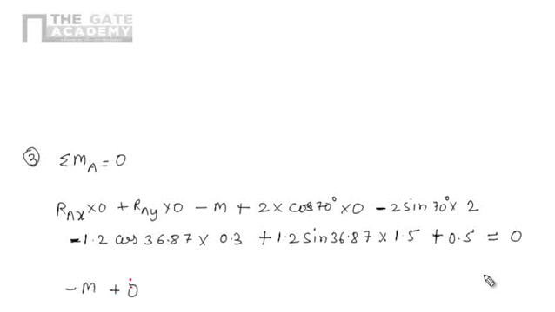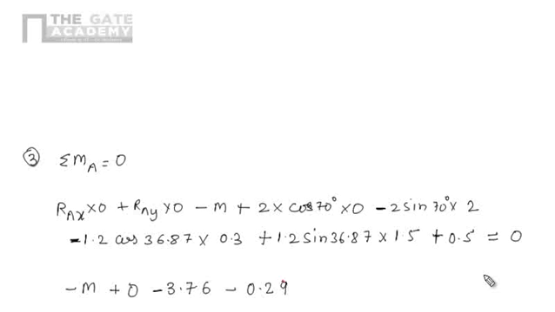Now we have to calculate 2 sin 70 into 2. If we calculate it, it will come around 3.76. Similarly, 1.2 into cos 36.87 into 0.3 will come around 0.29.